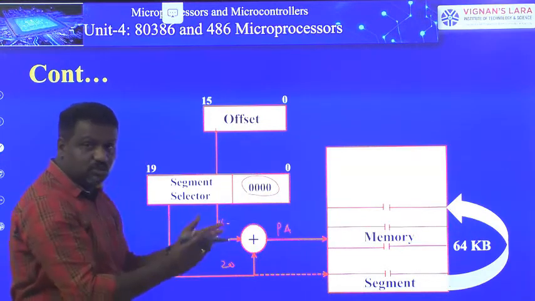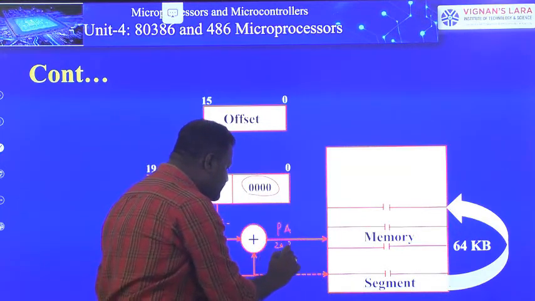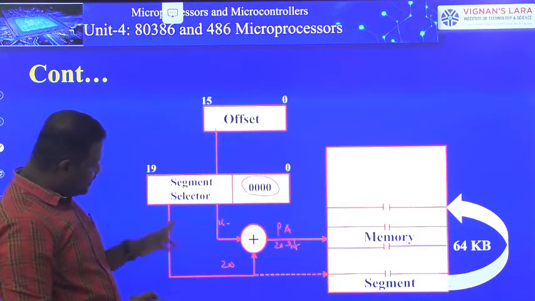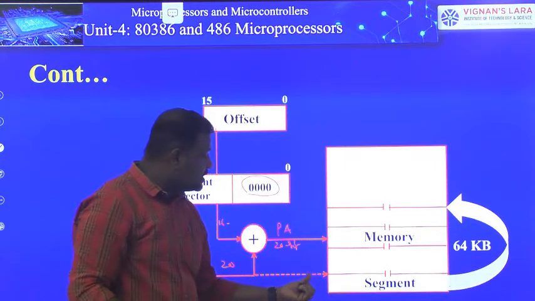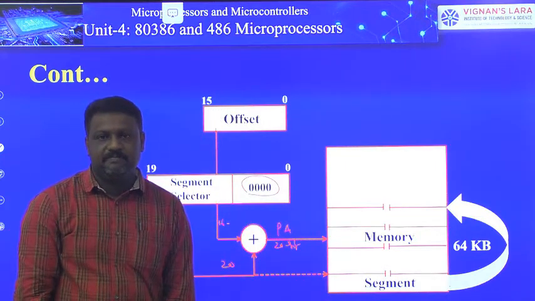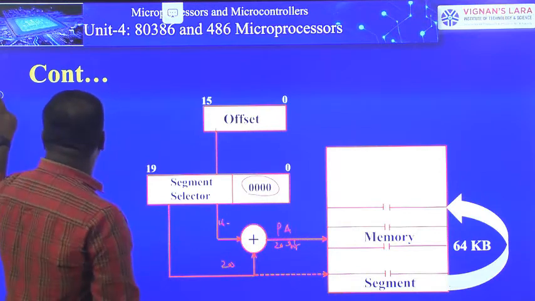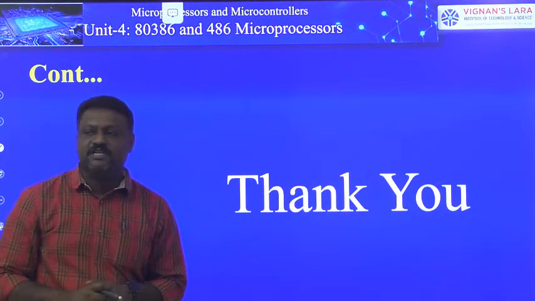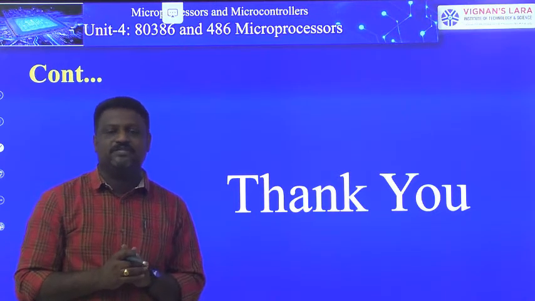By adding these two, I get a 20-bit physical address. One more important thing is that the 20-bit segment address is considered the starting point of the selected segment itself. So this is the way your 80386 calculates a 20-bit physical address in real mode operation.